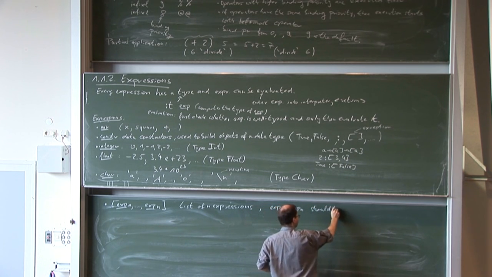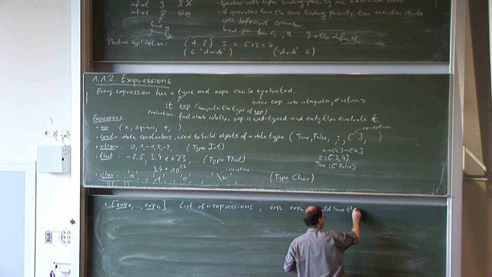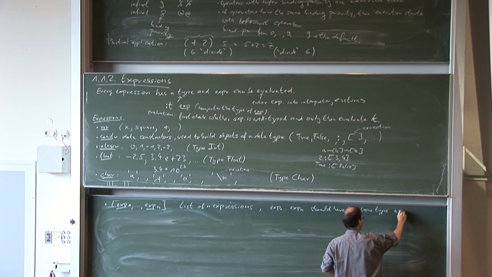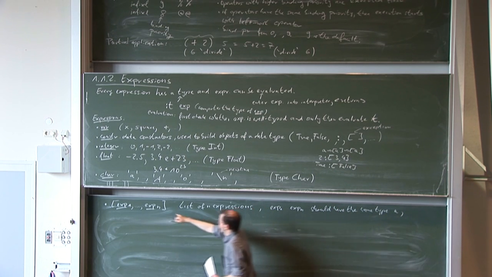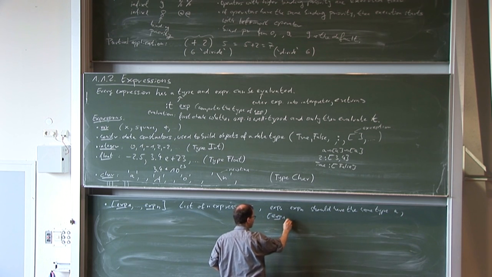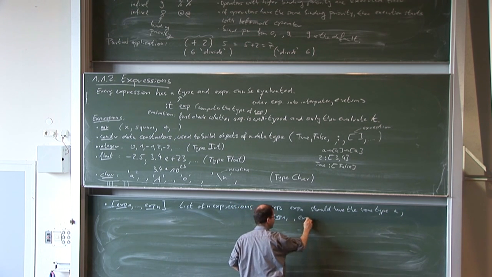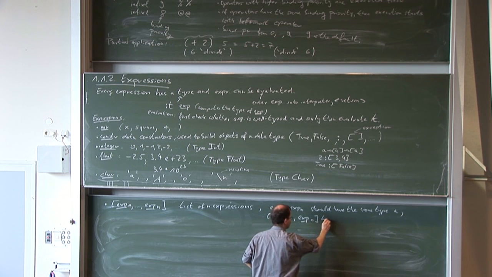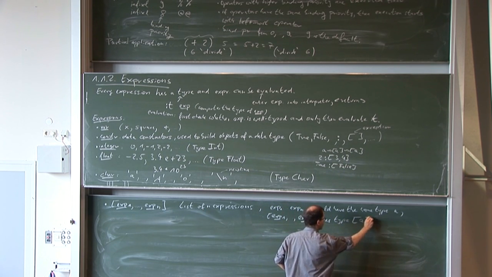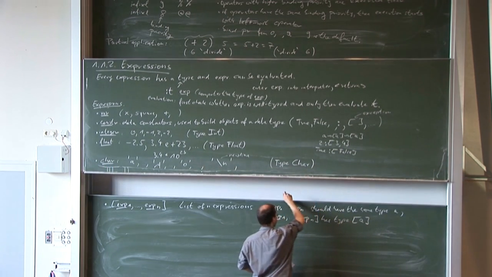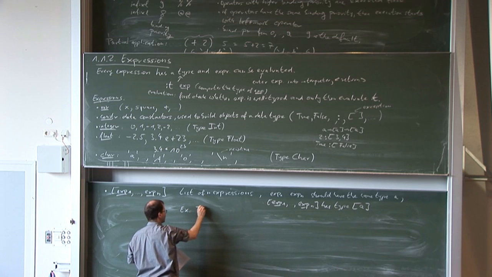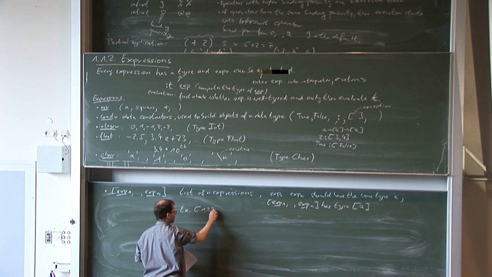They should have the same type A, and then the result, this expression exp1 to expn, has type list of A. So an example is the list containing 1 and 2 and 3.